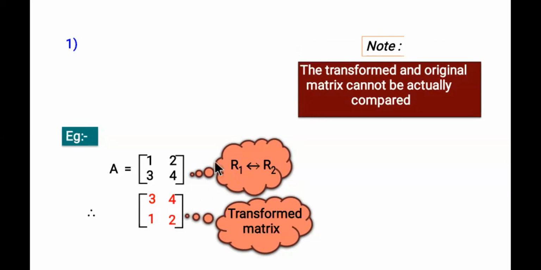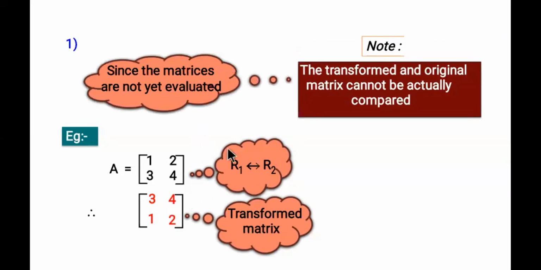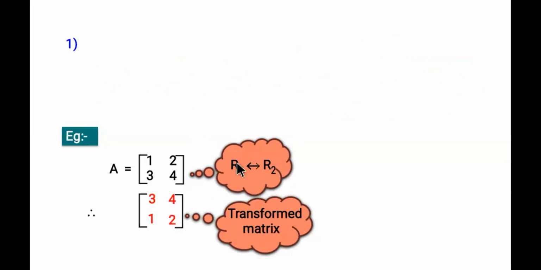Okay, so let's see this. Now we have not evaluated yet. This particular thing we can symbolically represent, that is R1 interchanges R2. Symbolically I can say Ri interchanges Rj. Why have I used i and j? Because there might be 3 rows in a particular matrix, right?